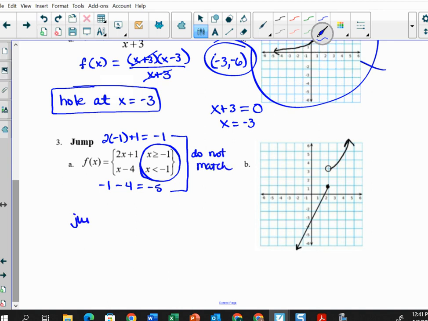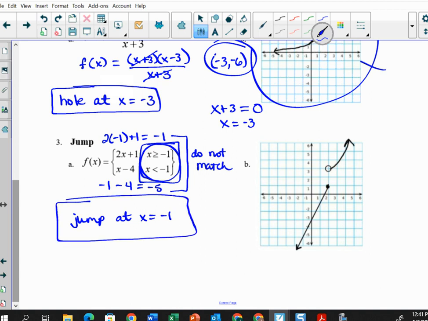So a jump at what x value? At -1. Yep, it's the x value we were talking about. You don't say how big the jump is or anything like that. You just say whatever x value it's happening at. Are we okay on the jump one?